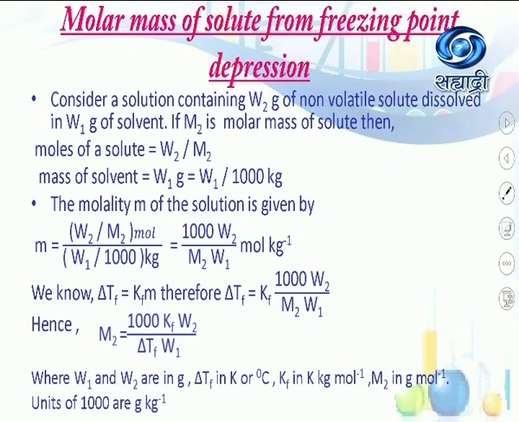परीक्षेला, when only the relation is asked, you have to write this relation. Of course, you have to write the meaning of the terms, what is W1, W2, Kf, delta Tf, M2, हे लिहायचं. If the question is derive the relation, derive म्हटलं की हे सगळं तुम्हाला यायला पाहिजे. डेरिवेशन 2 मार्काला विचारतात आणि ह्यात use the same terminology. Again I am saying you, मी मागच्या लेक्चर सेशन मध्ये पण सांगितलं, आत्ता पण सांगते की terminologies सेम वापरायची.